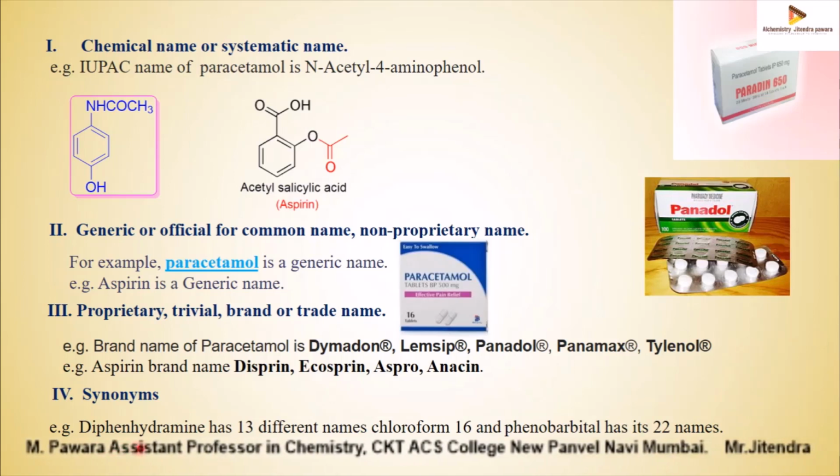For example, diphenhydramine has 13 different names, chloroform has 16 different names, and phenobarbital has 22 different names. While using these drugs, the name should be checked to see whether the required drug is taken. So the same drug having different names, before using it you should check the name of that drug.